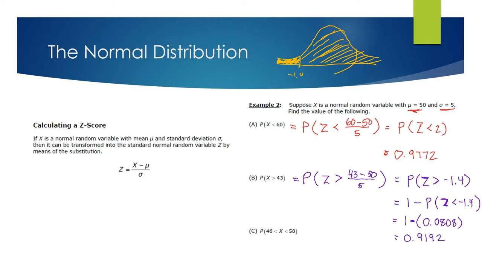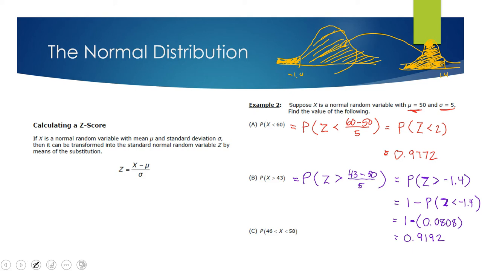The other thing I could keep aware of is that the table does give me a circumstance where I have 1.4 on this side, and I get this entire area. The table will actually give me this. And I have to realize that should be the same as this area over here because of the symmetry. So being less than 1.4 should be the same as being greater than negative 1.4.